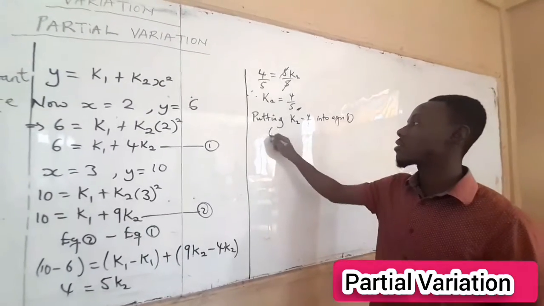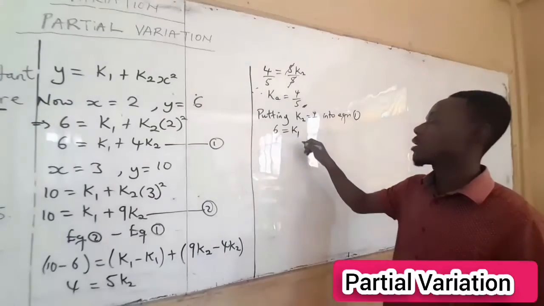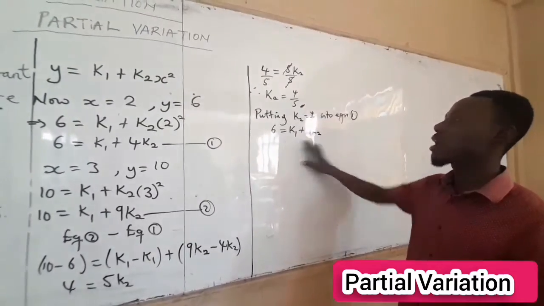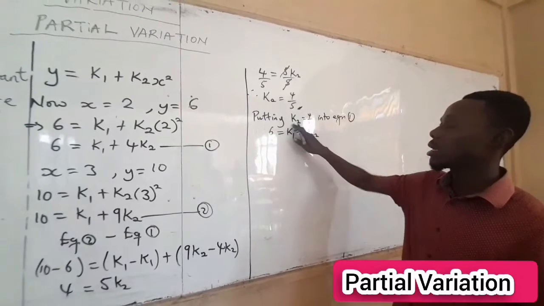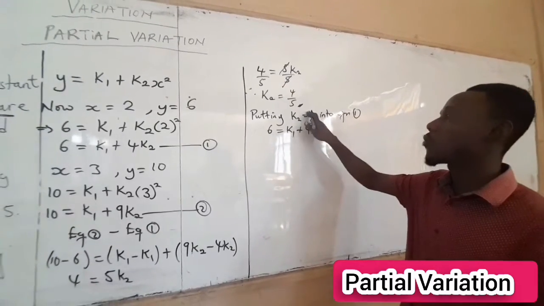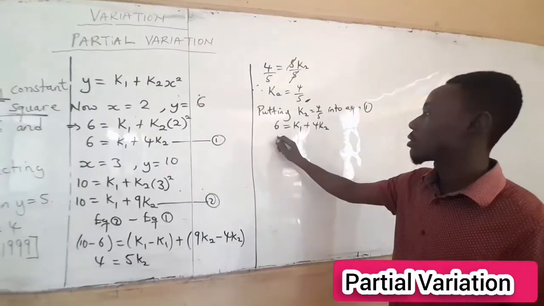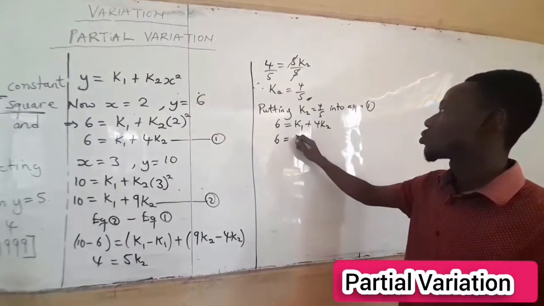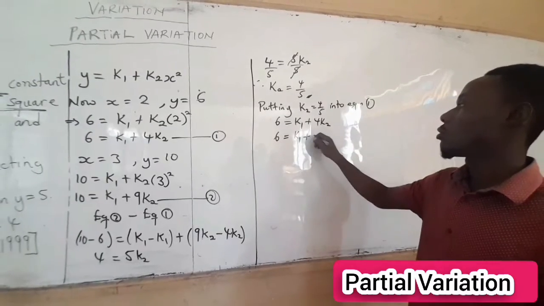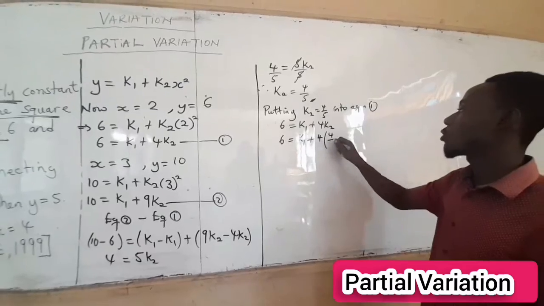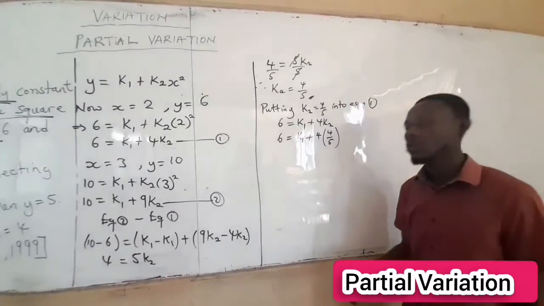Our equation 1 is 6 equals k1 plus 4k2, and our k2 is 4 out of 5. So we have 6 is equal to k1 plus 4 times 4 out of 5.